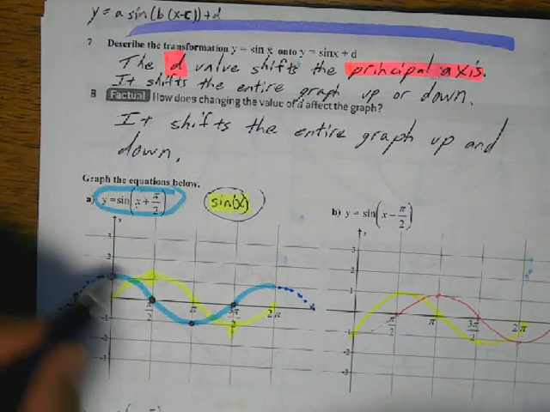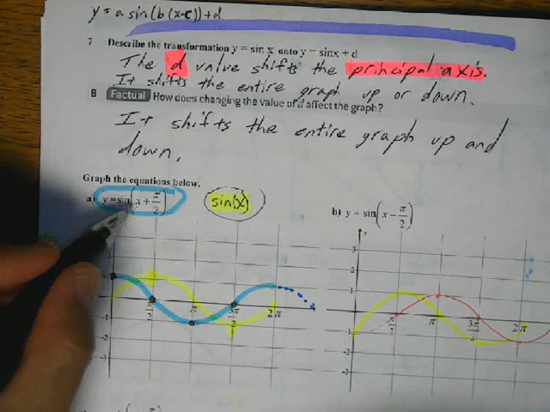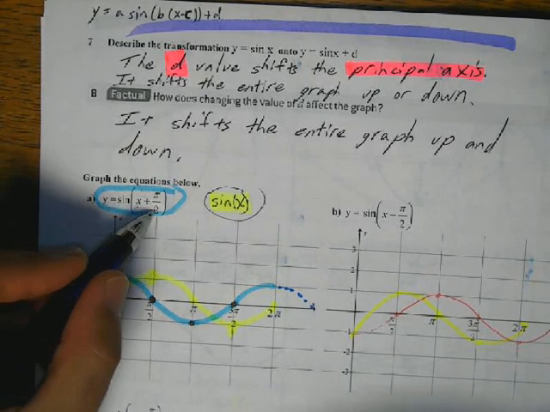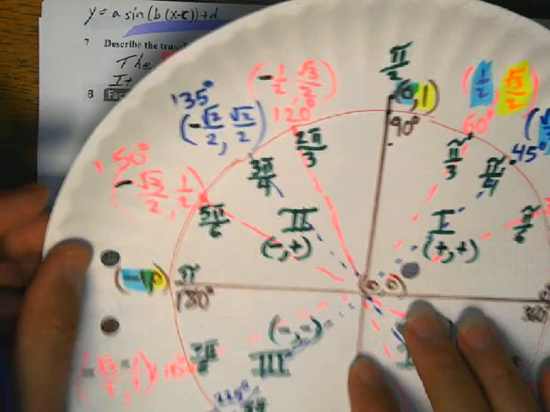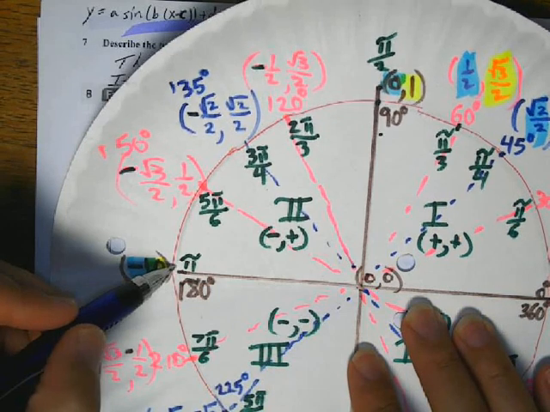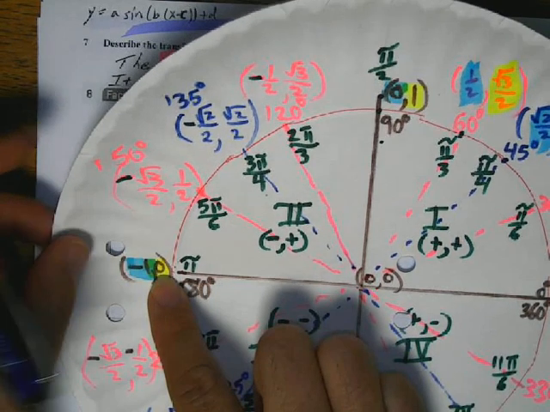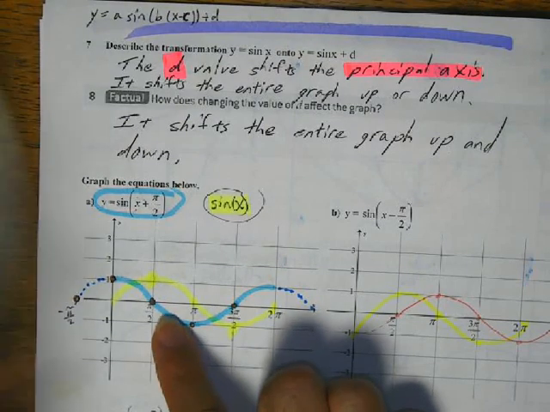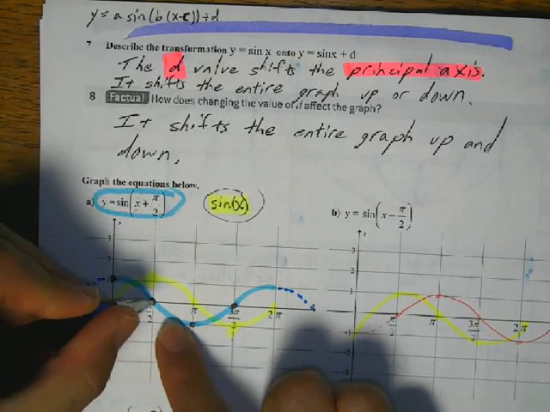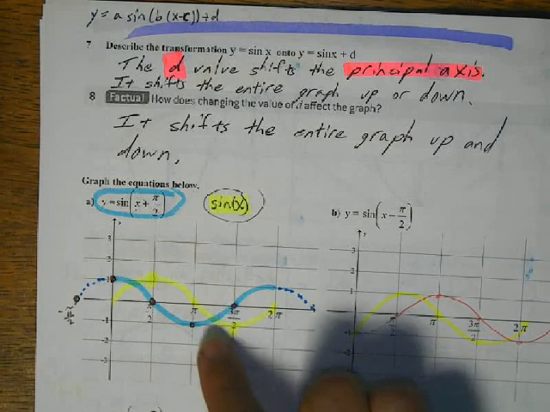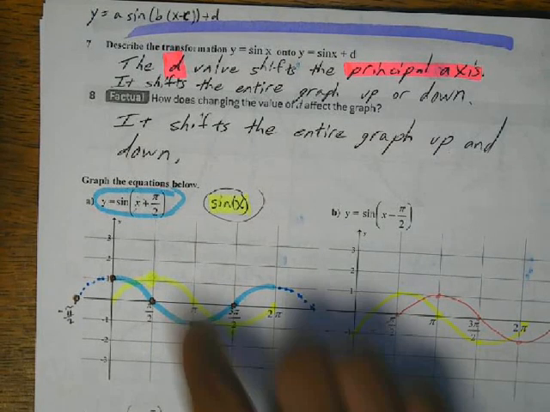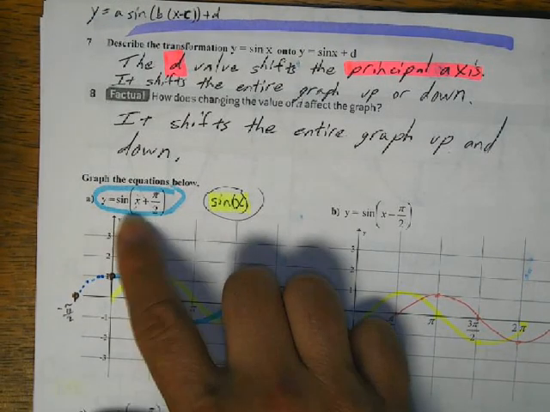If x is pi over 2, I'm going to have sine of pi over 2 plus pi over 2, which is pi. So if I go to sine of pi, I'm going to be at 0. So now I'm at 0. And then if I put in pi here, I have pi plus pi over 2, which is 3 pi over 2.